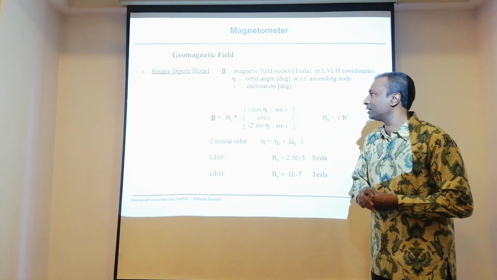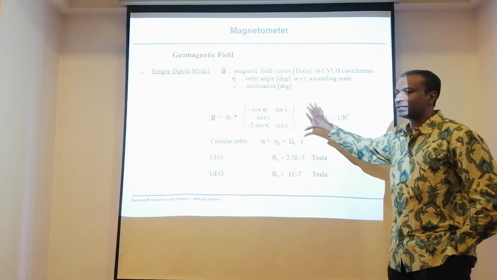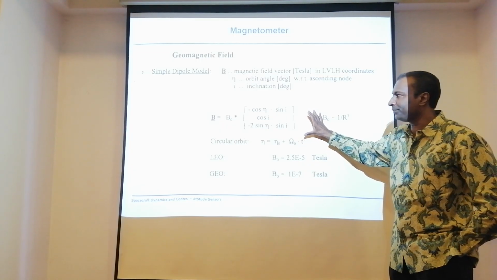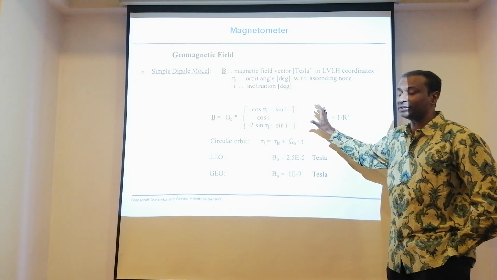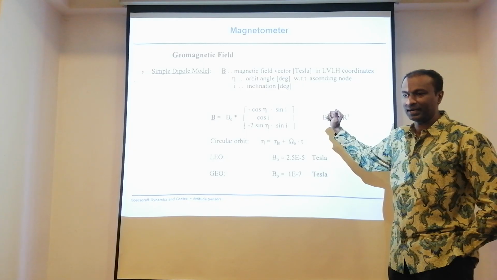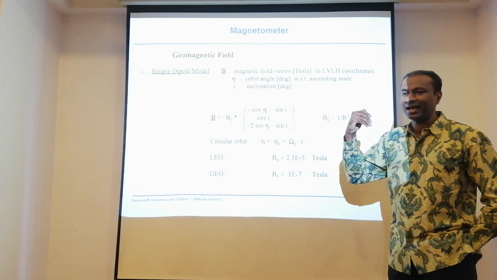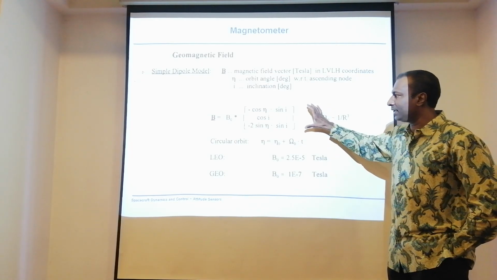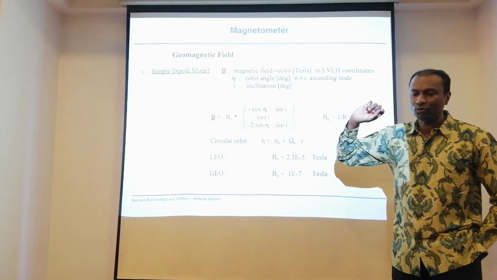Now, how does this work again? A simple dipole model is what we use. I think you have seen this for the second time, I would say. In fact, third time. I showed this in the disturbances in an orbit. Then we went into the actuator, magnetic torquers, and again this has been re-invoked for the attitude determination.